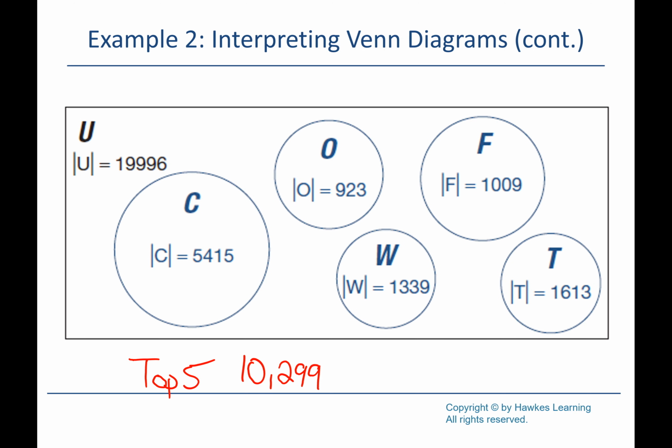And the last question says, how many charging stations are in the United States but not in one of the top 5 states? How could we figure that out? It's a little trickier. Have any ideas?